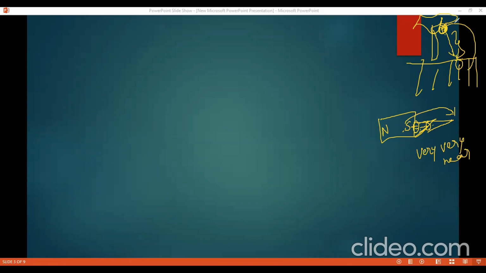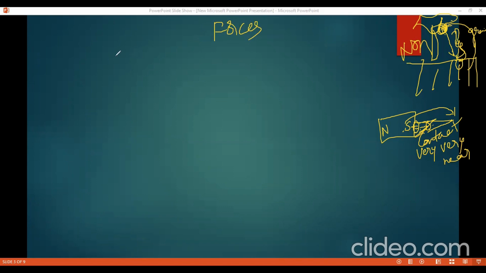But here there is no contact between the earth and the apple, yet gravitation exists here, right? That means here we can decide this is a contact force and this is a non-contact force, right? So forces can be classified into two kinds, okay?